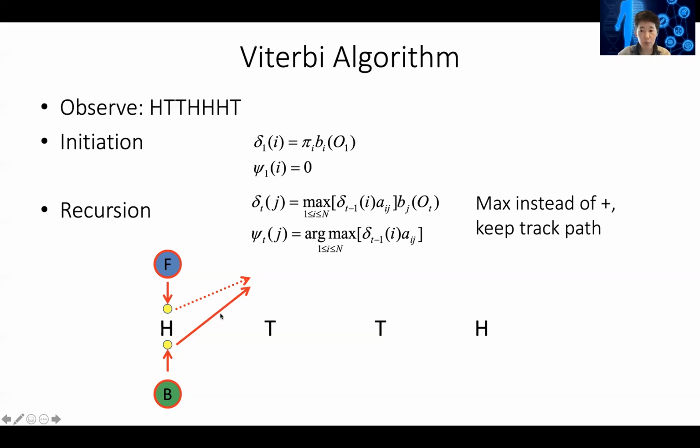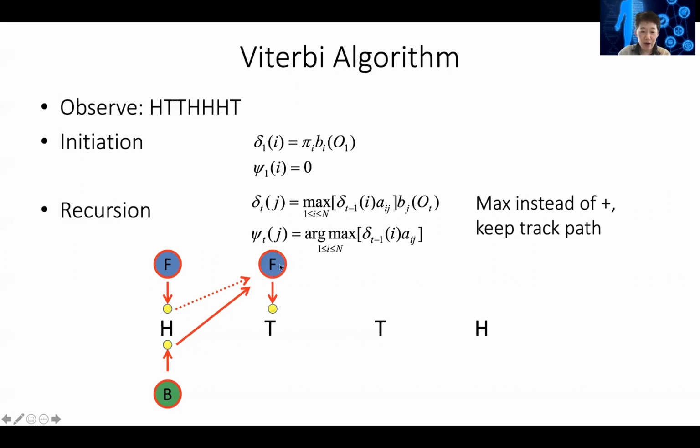And at this point, instead of summing them up, we make a comparison. We check which one is the biggest. In this case, let's just say this path gave me a bigger number. Then my psi is a pointer to say, okay, I'm adopting this particular path in order to use this fair coin.